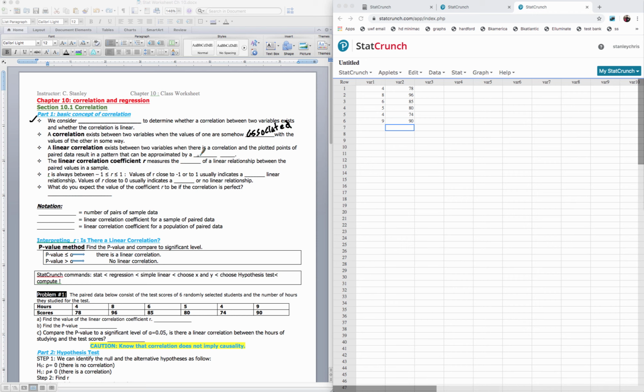A linear correlation would be a linear pattern. That just means that the y's are increasing about the same for every one increase in x. Not linear would be something like this. They're going up a little bit, then when you get to this x right here, all of a sudden it shoots up real fast. So that's nonlinear.